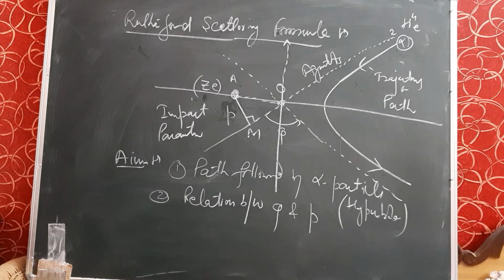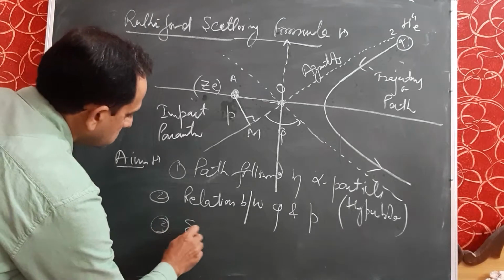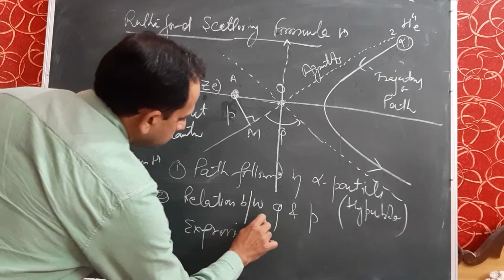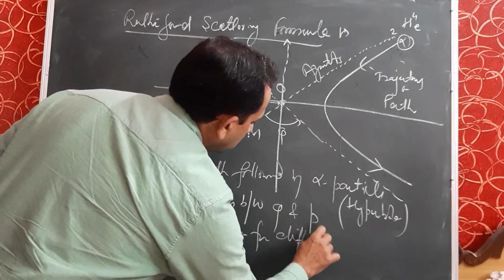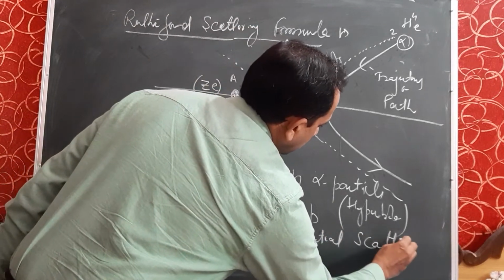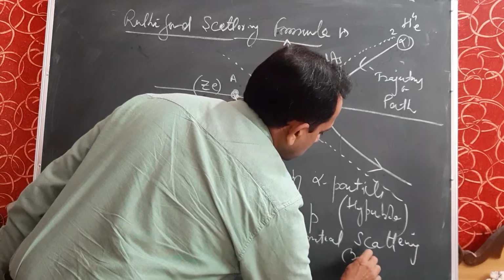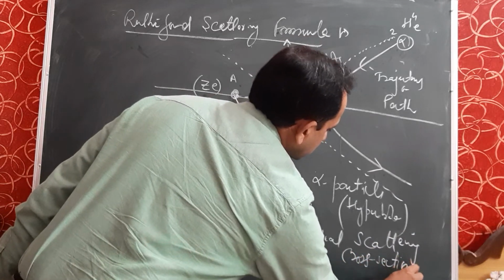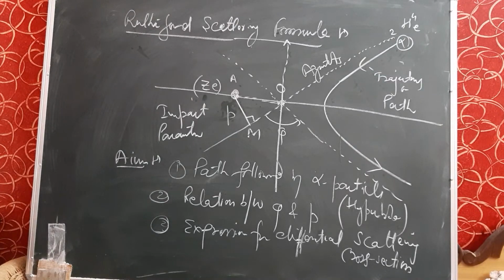Third, we have to derive the expression for the differential scattering cross section. So, we have to find these three parts by using the Rutherford scattering expression.